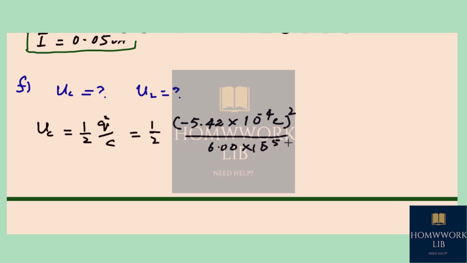So this will give us UC as 2.45 × 10^-3 joules.